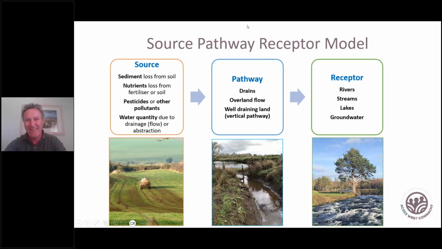What is the level of risk to the quality of natural water bodies within, adjacent to and downstream of the field due to pressures relating to flow, sediment, nutrients or other pollutants? That's perfect. And the means by which that's done is by adopting or referring to a source pathway receptor model.